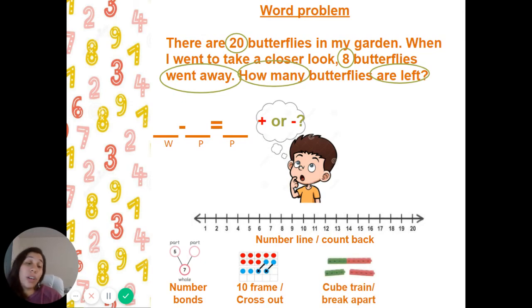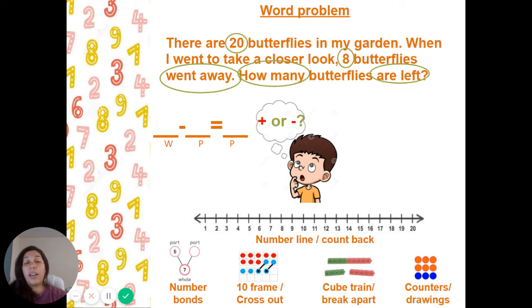You can also use the cube train. In this case, you have the whole, so you make a rod of the numbers that you want, and then you break it apart. You take one of the parts away, and then you can know what's the other part.